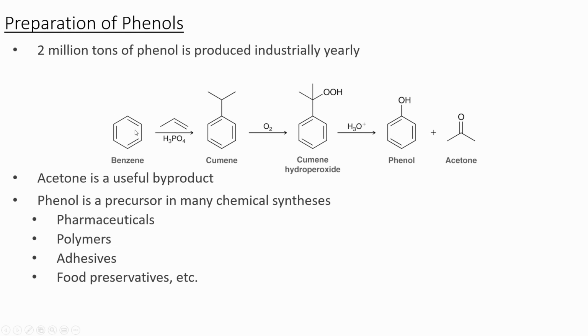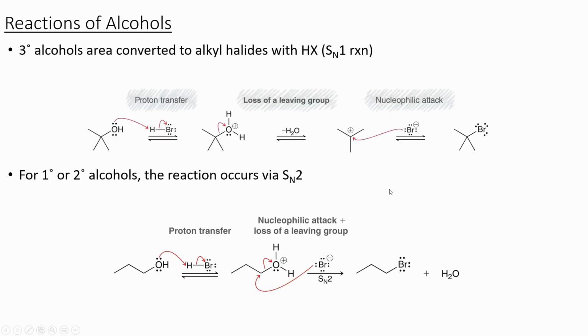We take this alkene and phosphoric acid and form a new carbon-carbon bond, which then in the presence of oxygen can form this peroxide, and then this becomes a leaving group to form phenol and acetone in this rearrangement. Phenol is a precursor for many chemical syntheses, so it's used in pharmaceuticals and polymers, food preservatives, etc.